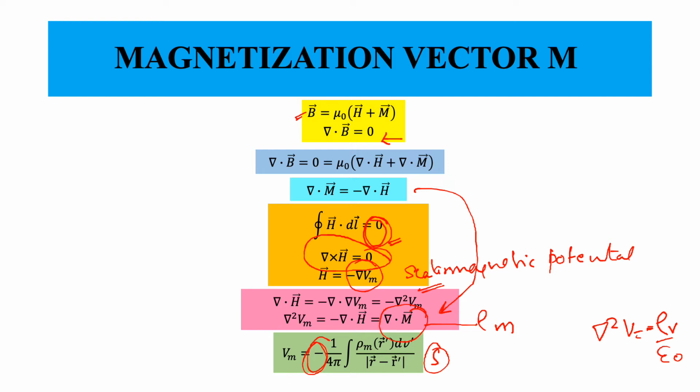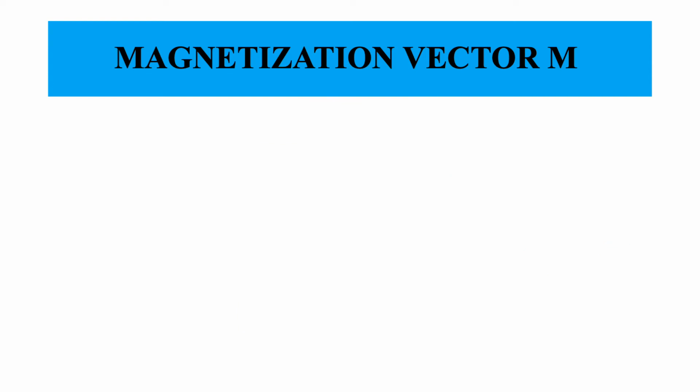Of course, rho m of r is actually the divergence of magnetization vector M. So clearly what we have is del dot M is equal to rho m, the volume magnetic charge density.